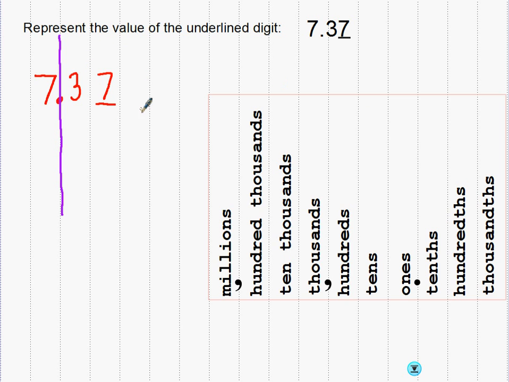There are actually 2 ways to represent the value of a digit when it's on the decimal side. We can represent it as a fractional amount, or we can represent it as a decimal amount, and I'll show you both ways. The first way I'll show you is how to represent it as a fractional amount.